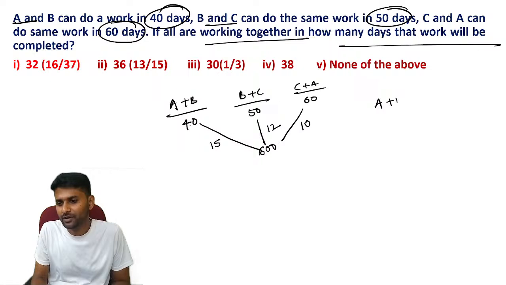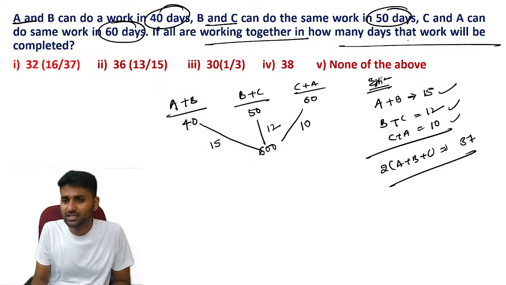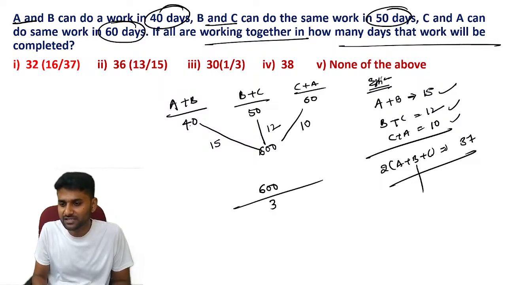Guys, for your understanding, I am taking it step by step. We are talking about the efficiency of AB, BC, CA. Now, if you add, you will get 2 times ABC is equal to 37 units. Now, the question here: how many days does it take to complete the work? Now, see, 600 divided by ABC efficiency, which is 37 divided by 2.